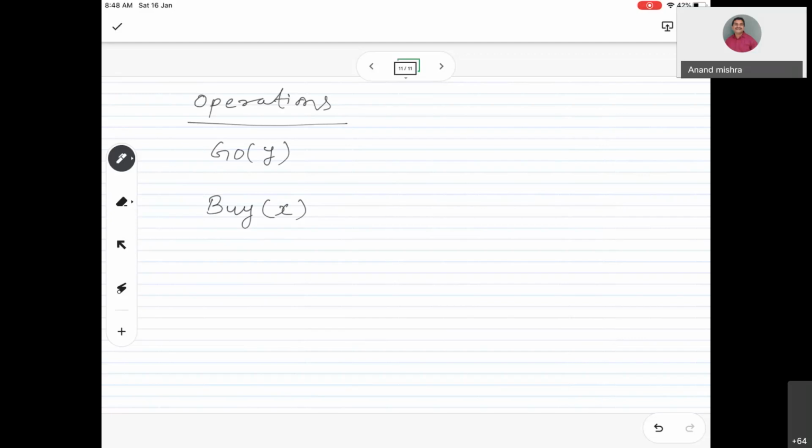We have already seen. You already know what the Go effect and the precondition are. Maybe I can quickly write it here. Precondition this side, effect this side.